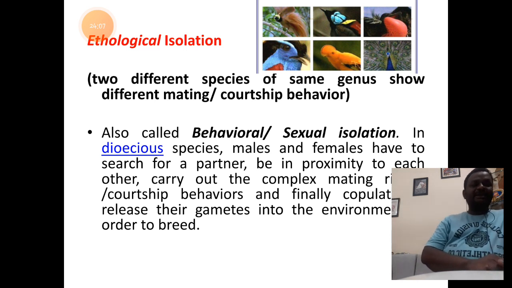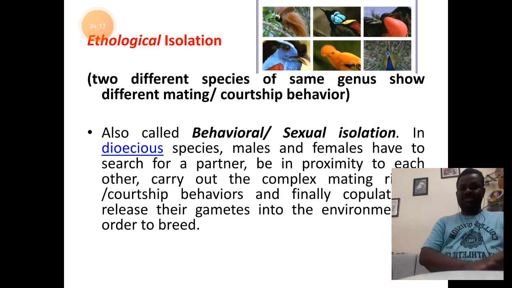The next pre-mating reproductive isolation process is behavioral isolation, also called sexual or ethological isolation. It is a very important type of reproductive isolation which is frequently asked in the exam.